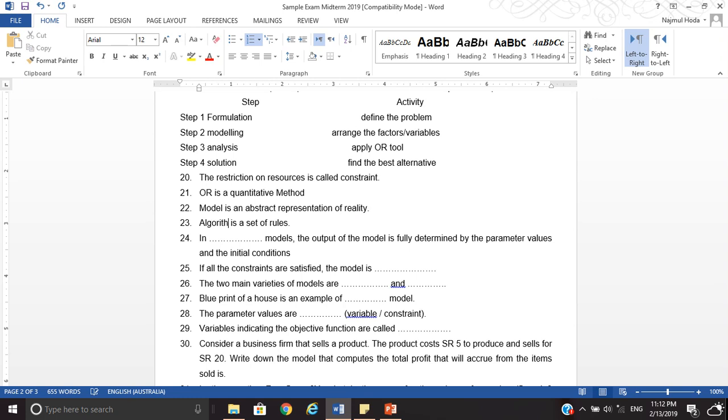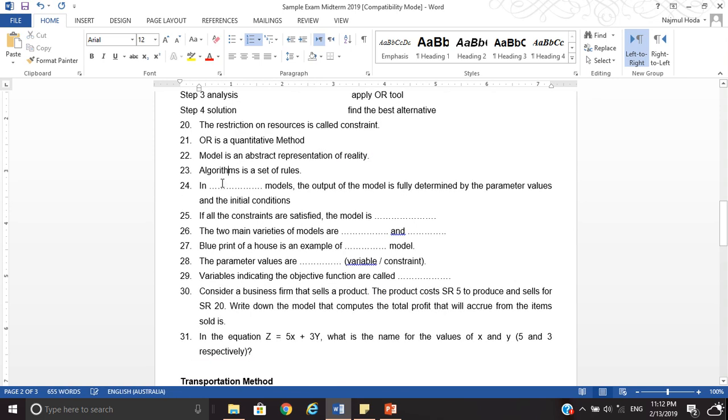Without learning the steps, we cannot solve OR problems. So in computer programming and also in OR, this is called algorithms. In which models is the output fully determined by the parameter values and the initial conditions? It is the deterministic models.